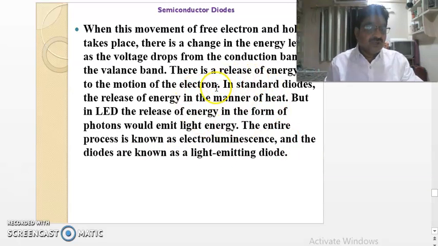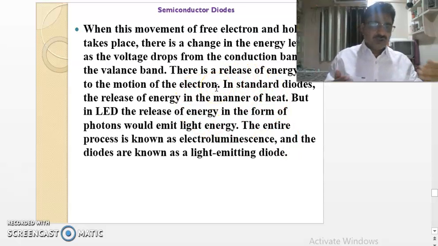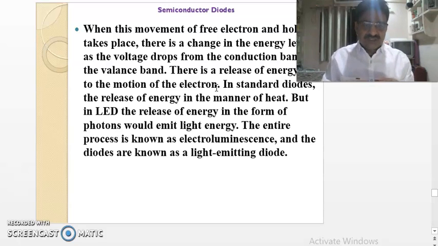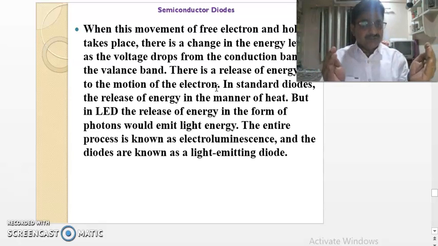See what happens actually. Electrons overrun the junction, they combine with the holes, and during this recombination there is a release of energy. In an ordinary PN junction diode, this release of energy is in the form of heat.